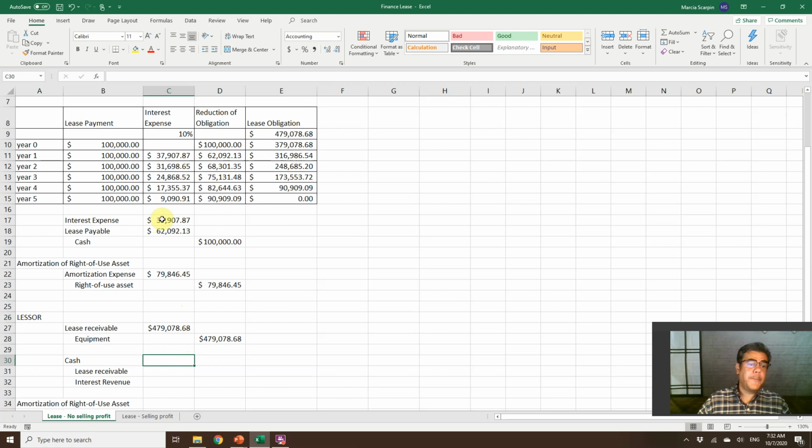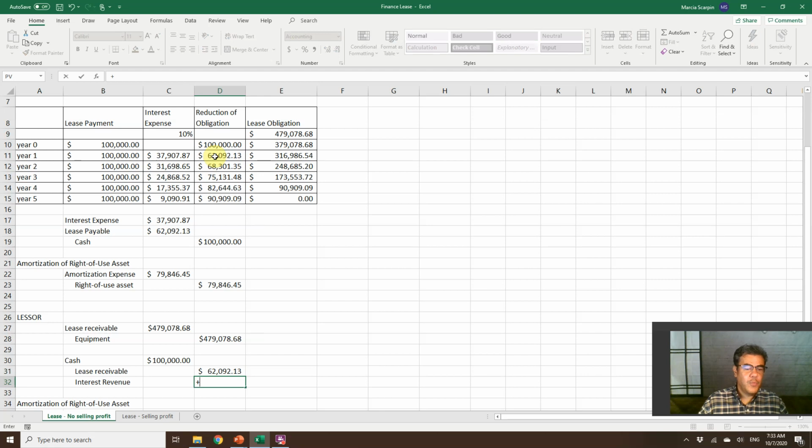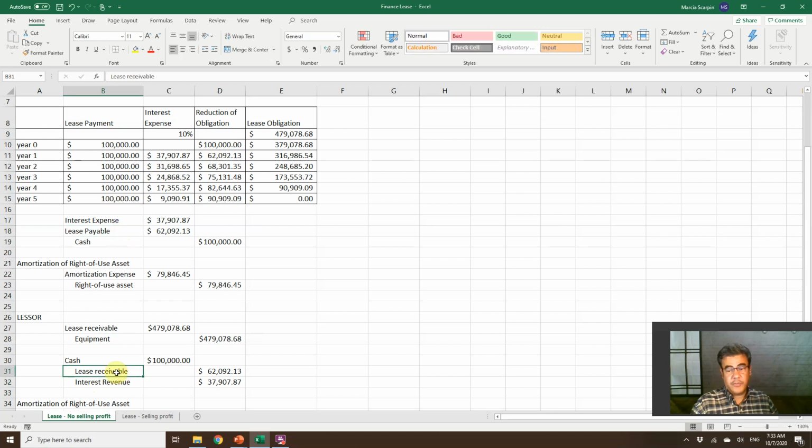The receipt is the opposite of this journal entry here. So we debit cash 100. We credit lease receivable 62. We credit interest revenue. So here instead of expense we have revenue, instead of payable we have receivable.